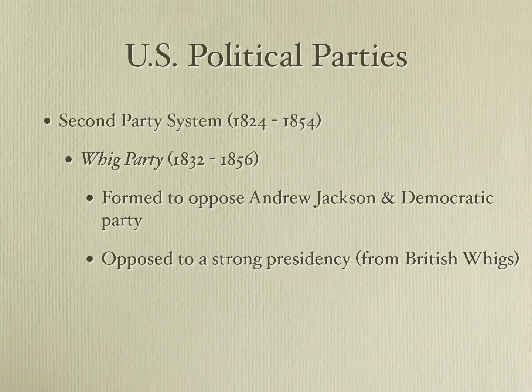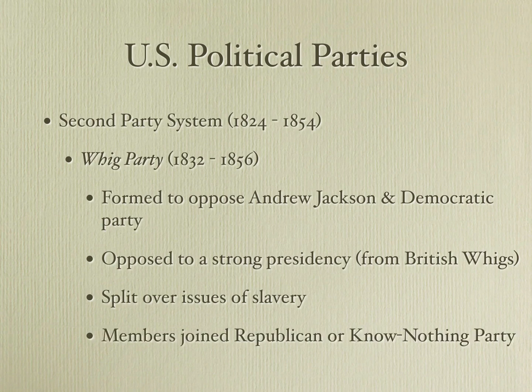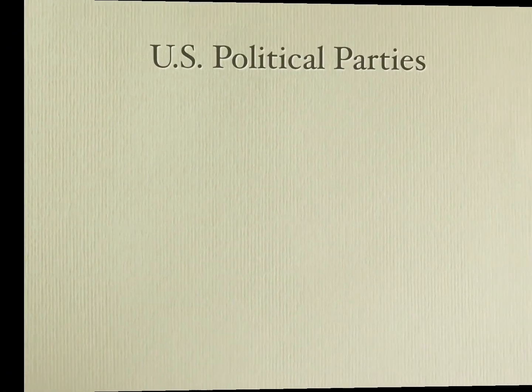This party was made up of wealthy Northerners and very wealthy plantation owners in the South, and their party would be destroyed in 1856 over arguments over slavery. Members of the Whig Party joined the Know-Nothing Party or the Republican Party, which was formed later.